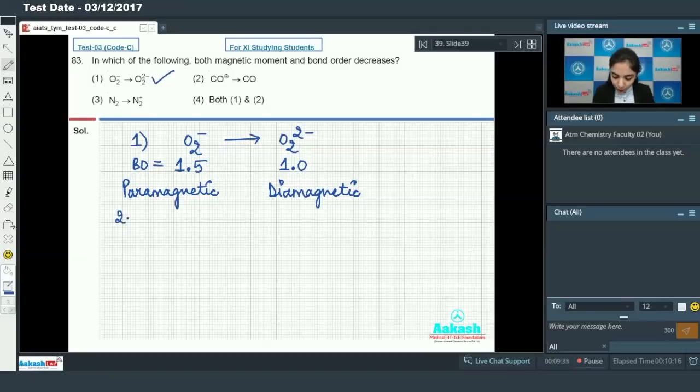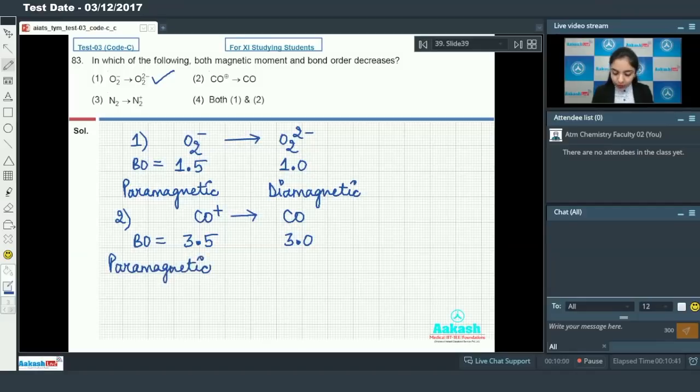Now if I talk about the second option, CO plus is being converted to CO. So the CO plus bond order, as we have discussed earlier, is 3.5, and for CO the bond order is equal to 3.0. And CO plus is paramagnetic as there is one unpaired electron present, and CO is diamagnetic as no unpaired electron is present. So here also the bond order is decreasing and magnetic moment is also decreasing. So option number 2 is also correct.